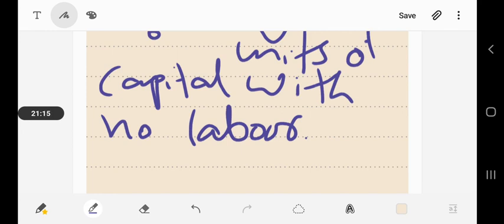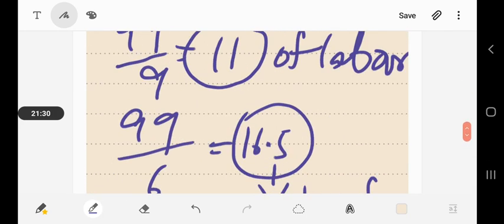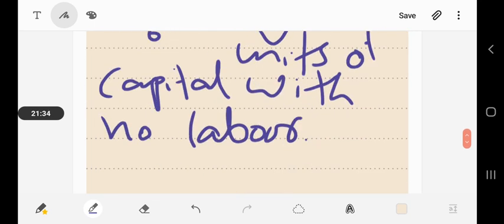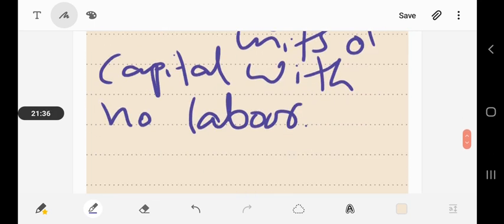The various combinations of labor and capital that he could buy with 99 rupees are represented by C is equal to 99.